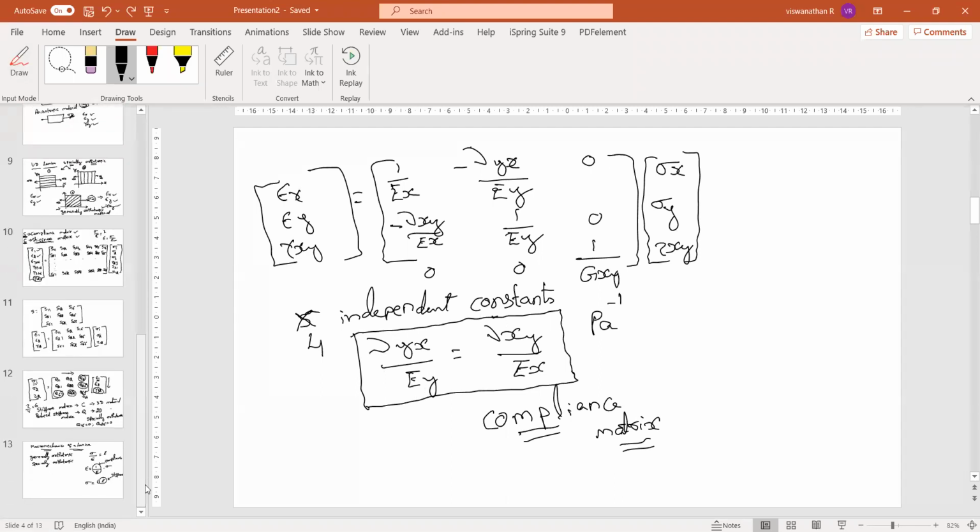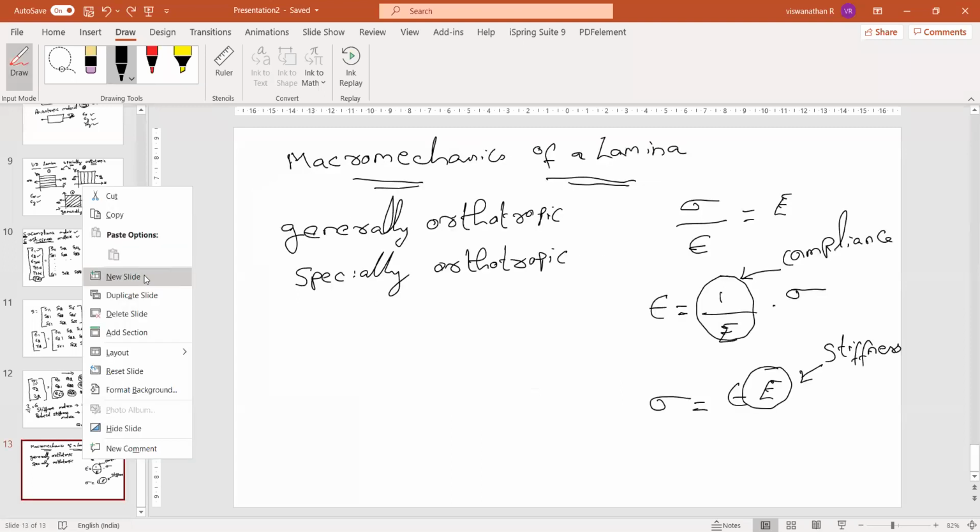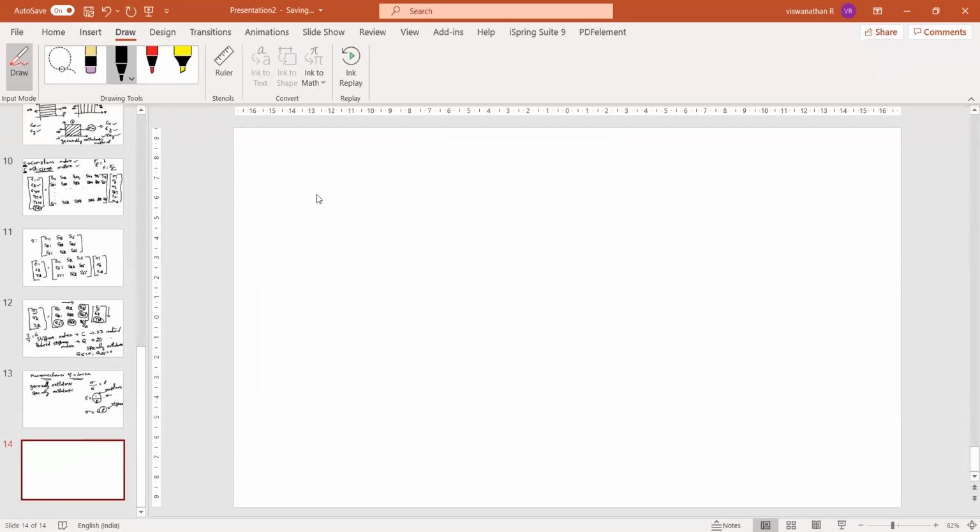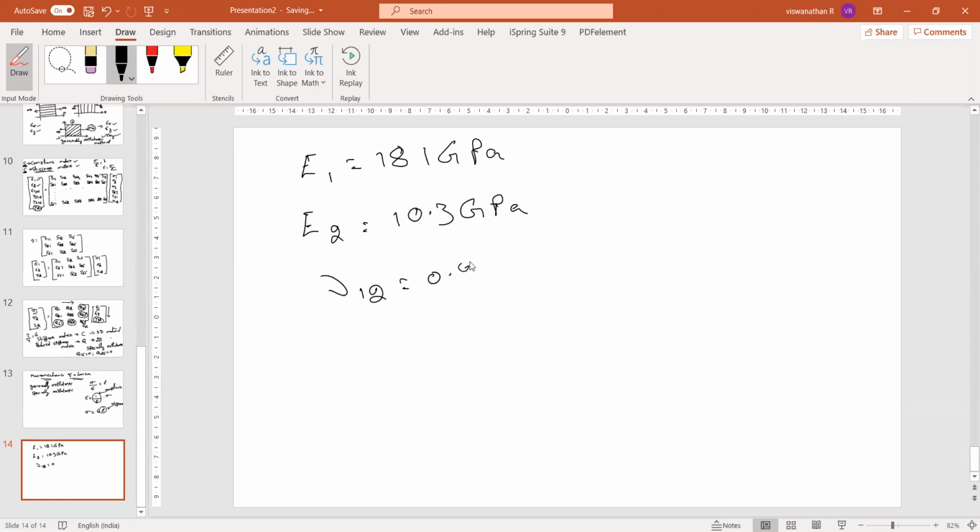Suppose a numerical is given, for example, E1 is equal to 181 GPa, E2 is equal to 10.3 GPa, nu12 is 0.28, G12 is 7.17 GPa.